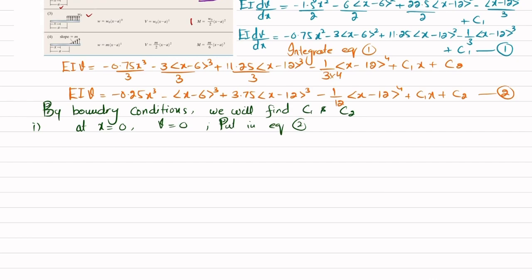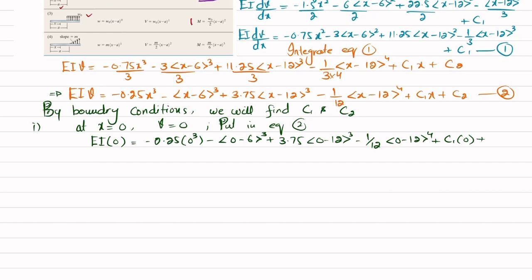So when you put it in this equation, this is the equation. EI into 0 is equal to minus 0.25 times 0 cube minus 0 minus 6 whole cube plus 3.75 into 0 minus 12 whole cube minus 1 over 12 into 0 minus 12 whole power 4 plus C1 into 0 plus C2.